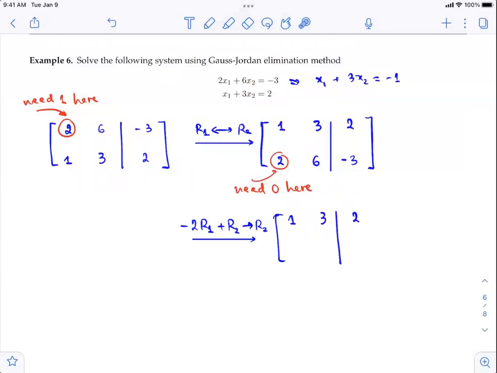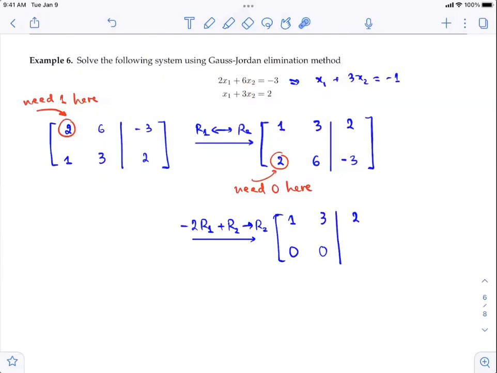Now for row 2, what you got is -2 times 1 added with 2 becomes 0. -2 times 3 added with 6 is going to be 0 again, because -2 times 3 is -6, added with 6 will be 0.